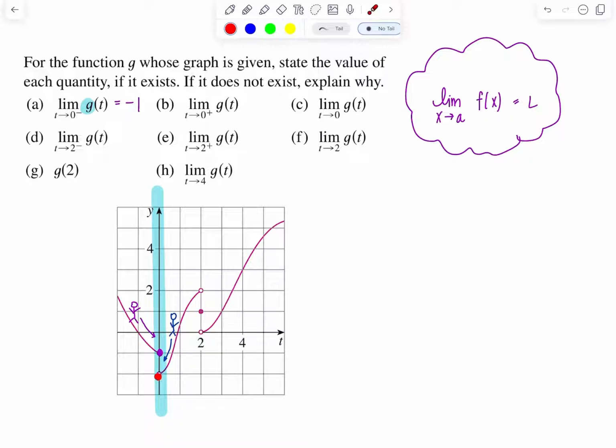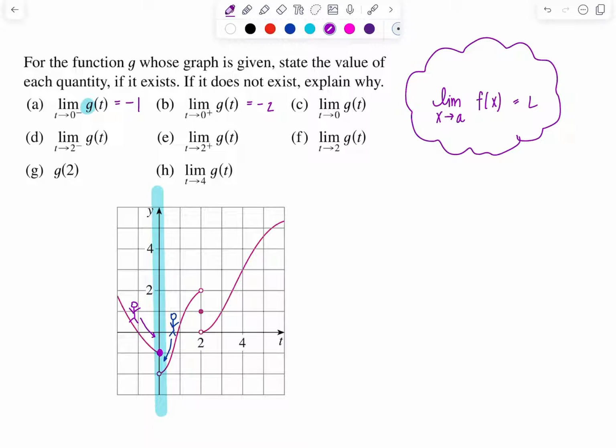Good, that's -2. Now, have no fear. I understand it's an open circle, but that's the thing about limits. It's not asking what the function's actually equal to. It's just asking what is the graph tending towards, and it's tending towards -2. All right. Good so far?